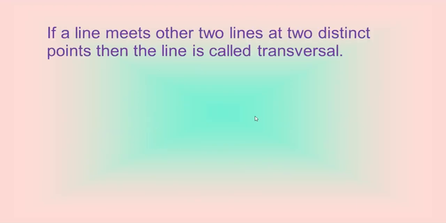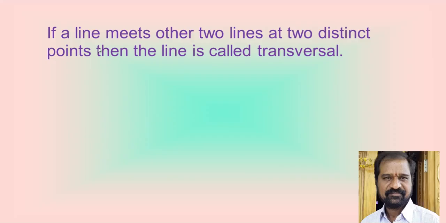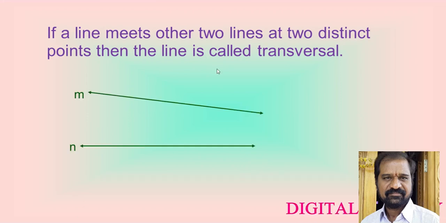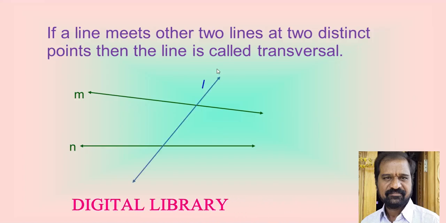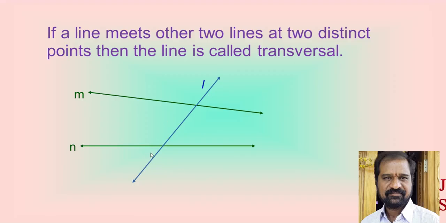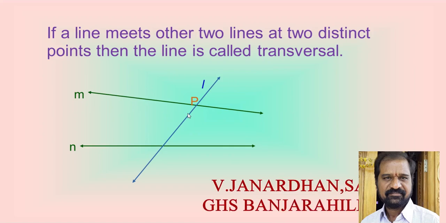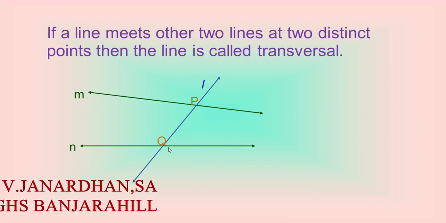What is a transversal? If a line meets two other lines at two distinct points, then the line is called a transversal. A line M and a line N, and another line L intersect the remaining two lines at distinct points P and Q. The line L is called the transversal.